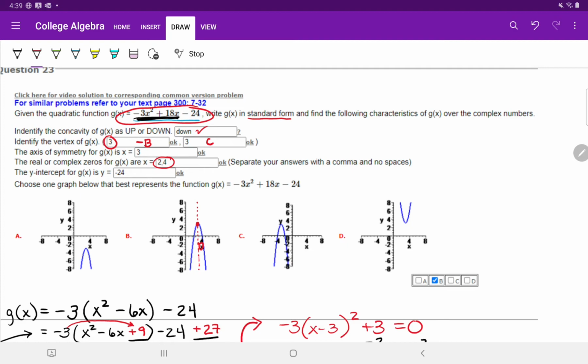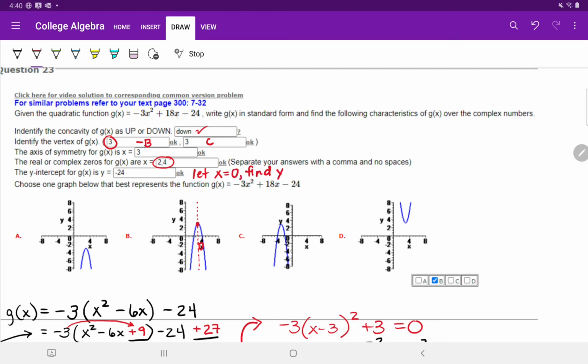Now they want to know the y-intercept. And of everything we've done so far in this problem, the y-intercept is the easiest thing to find. In order to find the y-intercept of any function, all you have to do is let x be 0, find y.